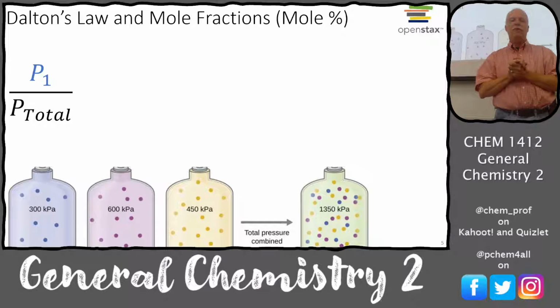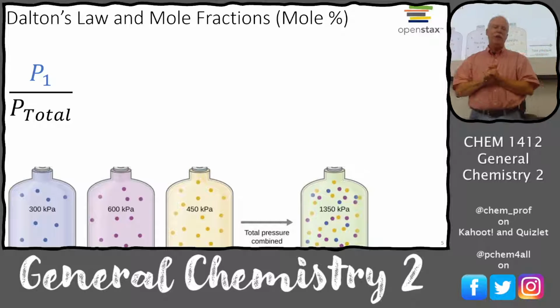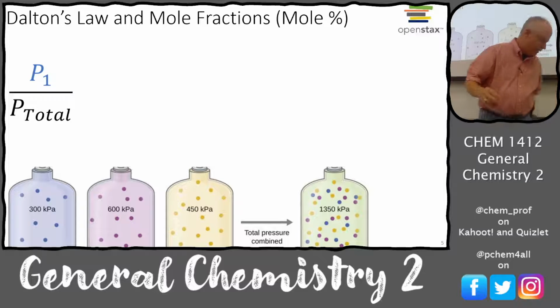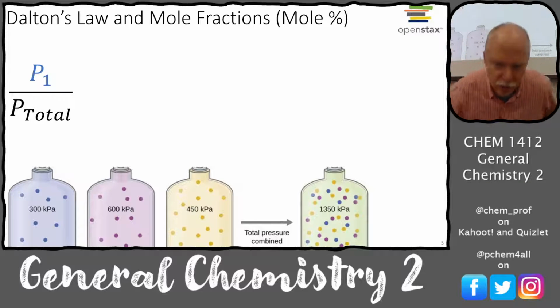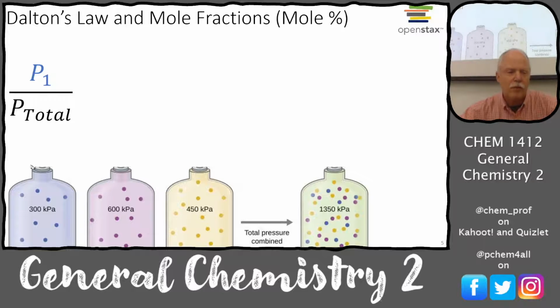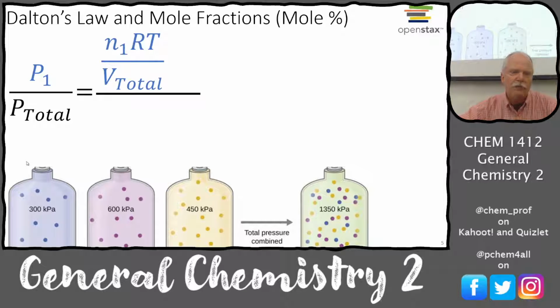Let's do some math with this, and let's think about how we can understand the number of moles in this container. And so let's just focus on this first gas, the one that has 300 kilopascals. If we look to see what pressure is, that's the number of moles of that substance times RT divided by the total volume.